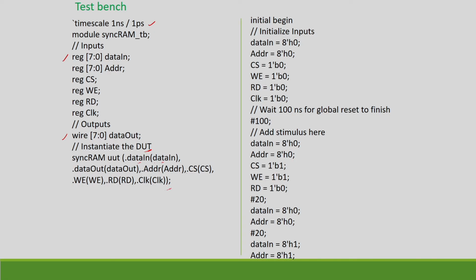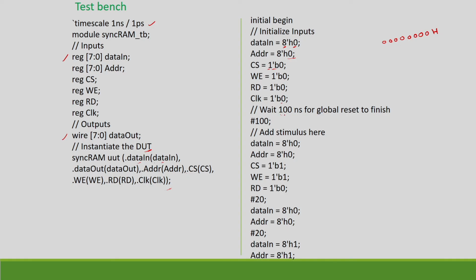Now, initially data in, we are taking as 8 hexadecimal zeros, that is 00000000 H, and the address is also 8 hexadecimal. Chip select is a single bit, 1-bit binary 0. Initially I have taken chip select as 0, write is also 0, read is also 0, clock is 0.